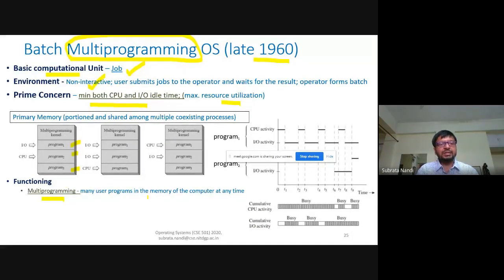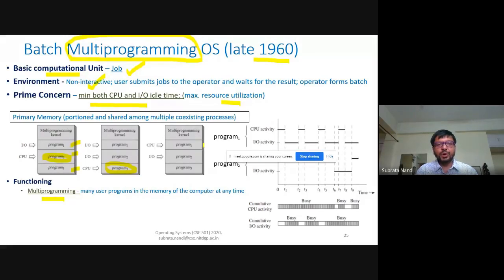As you can see, in those days there was just one physical processor in the system. So although there are three programs or processes, here you see this is the running program at some point of time, and this program is doing the IO. At some later point of time, maybe the third program is running on the CPU, and the other two are busy in IO.